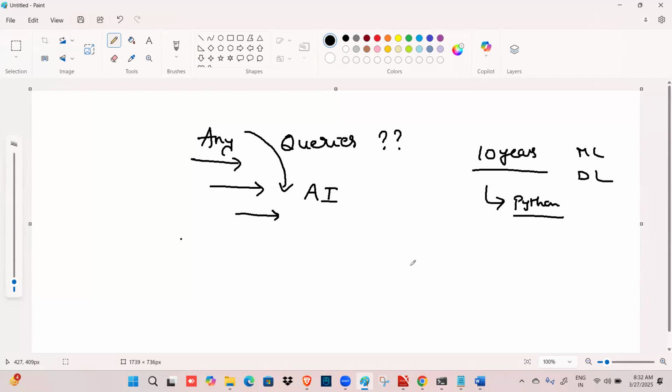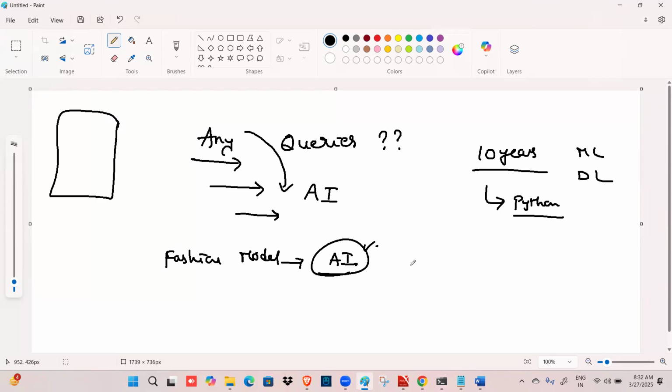Recently I also got one more question about fashion modelling technology. They want to use AI. Here we are learning how to use AI, but I cannot say it is for photography. One question was that a photographer needs to upgrade his skills with the help of AI.